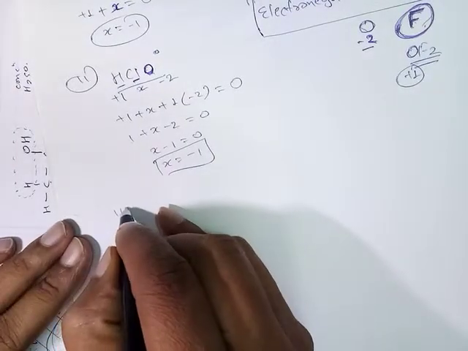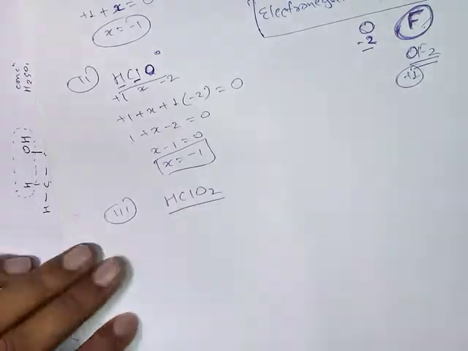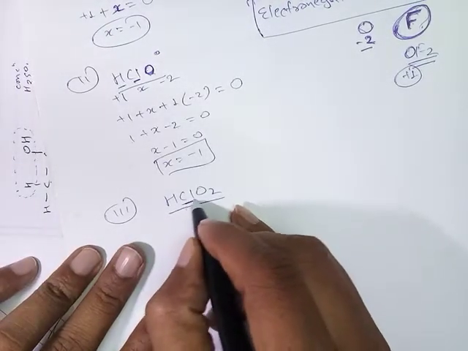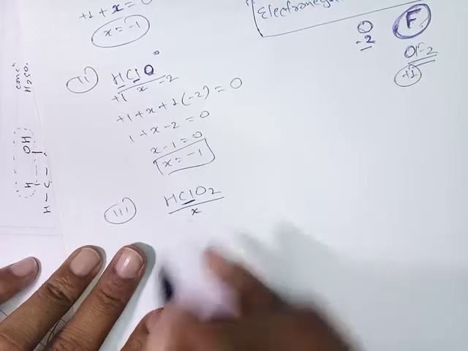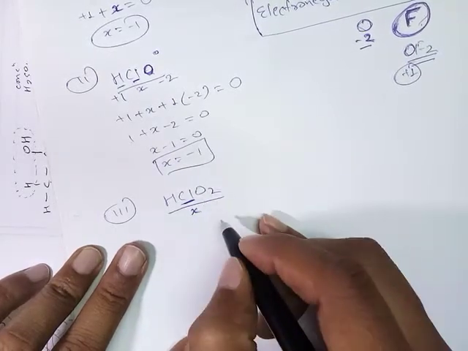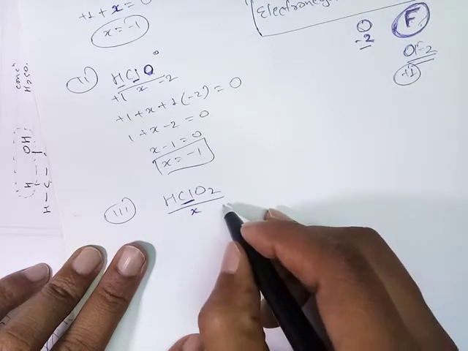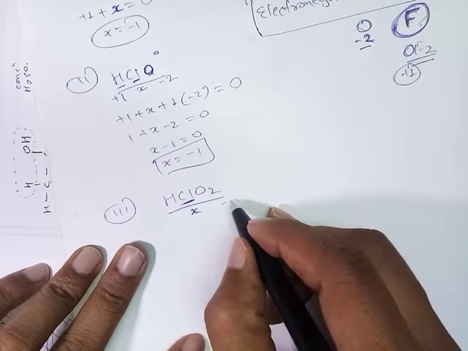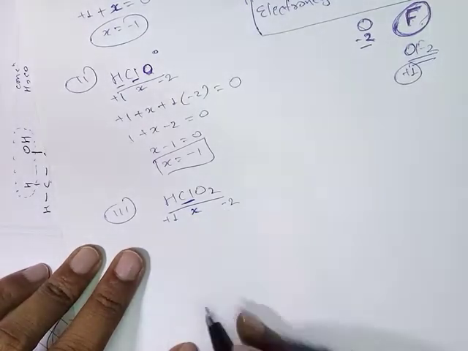Next one is HClO2. Here we have to calculate the oxidation number of chlorine, so we suppose the oxidation number of chlorine is X. Oxygen is the most electronegative atom, so it takes 2 electrons. The oxidation number of oxygen will be -2 and the oxidation number of hydrogen will be +1.